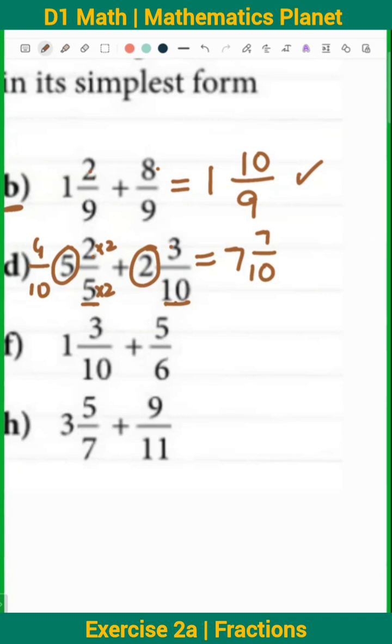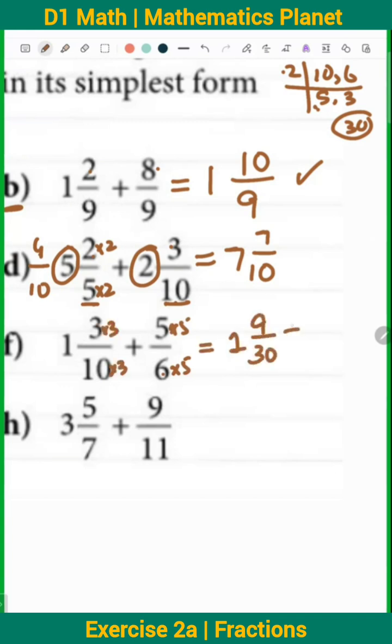Okay. We need to make the denominator the same. So do we have any common factor for 10 and 6? 2. 5 times 10... 10 times 3 is 30. So we can make both of the numbers equal to 30. So 6 times 5 is 30. 10 times 3 is 30. Right? So what did we get? 1 whole 9 by 30 plus 25 by 30.